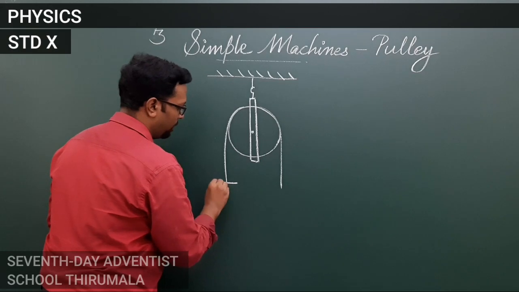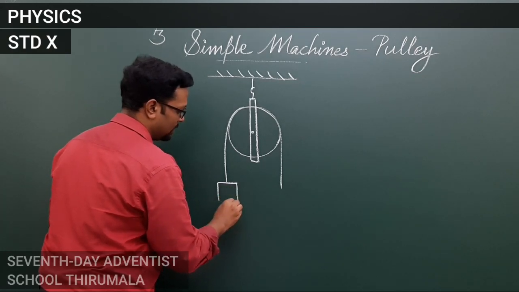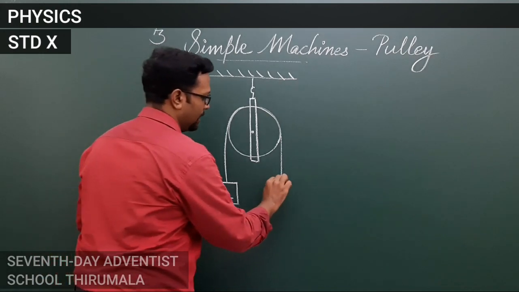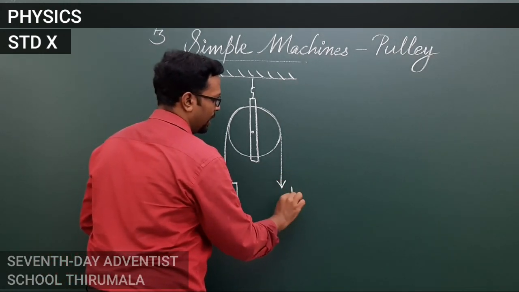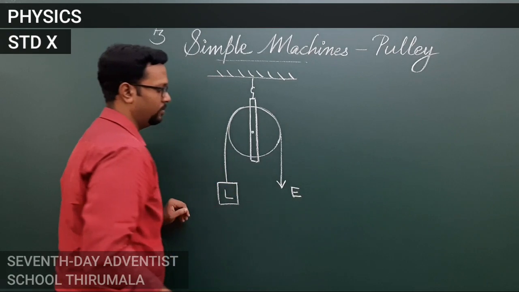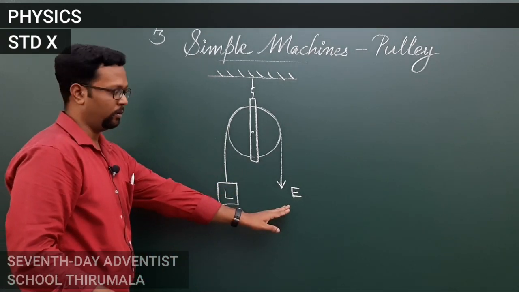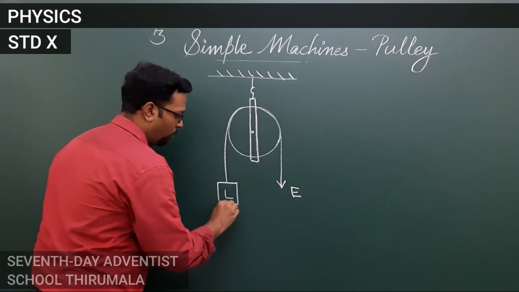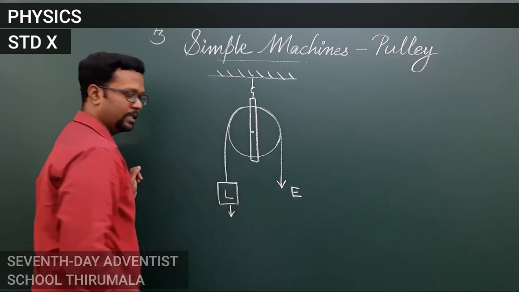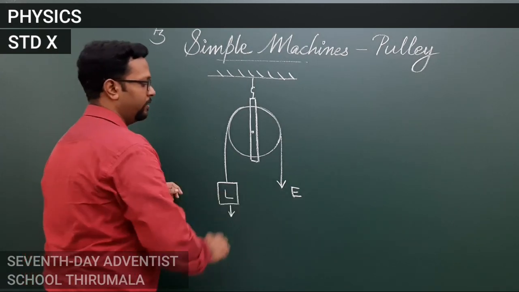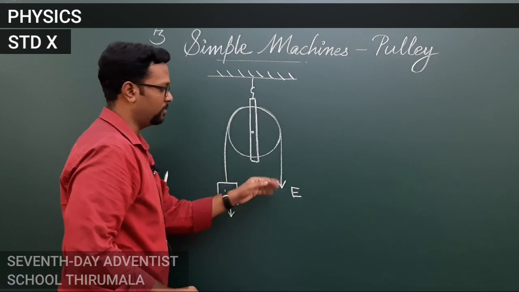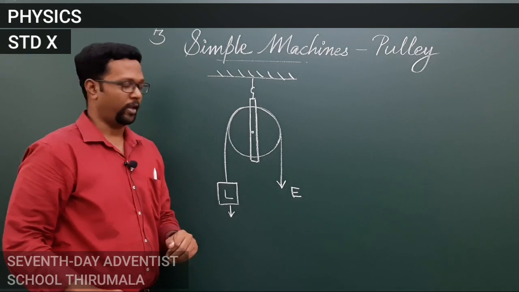On one end of the pulley, we can attach a load, and on the other end, we can apply effort. The load acts in the downward direction. Here effort also acts in the downward direction.